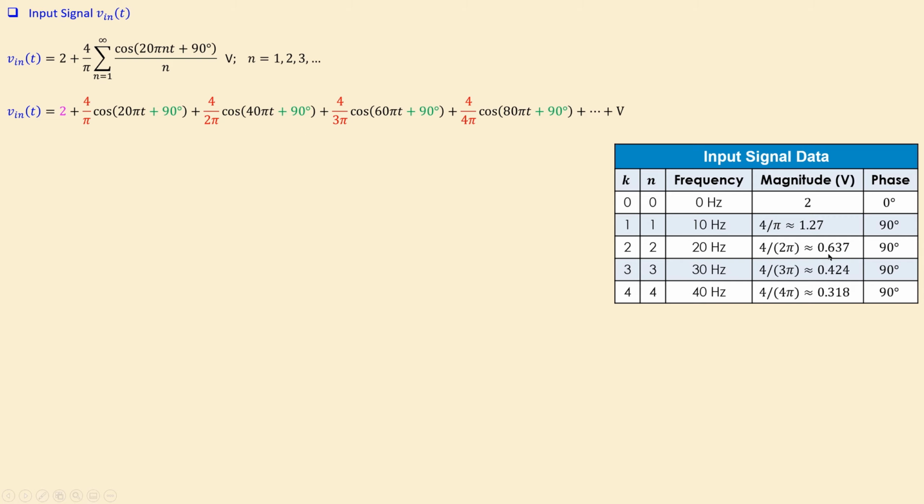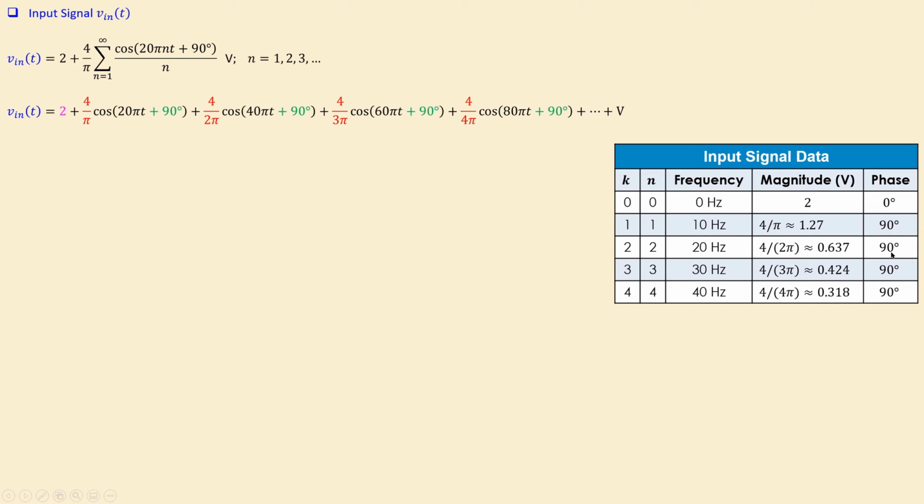So if I just write it out and make an approximation, 4 over pi will be approximately 1.27, 4 over 2 pi will be 0.637, and 4 over 3 pi will be 0.424, and the next one is 4 over 4 pi, which is actually 1 over pi, will be then 0.318.